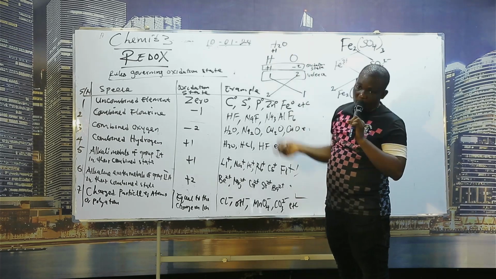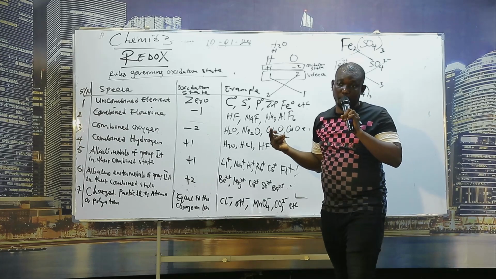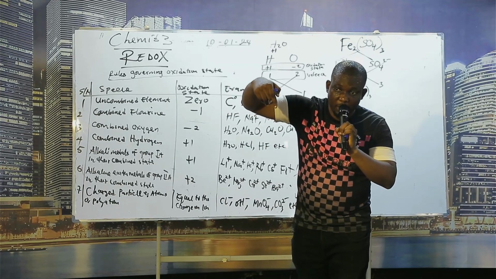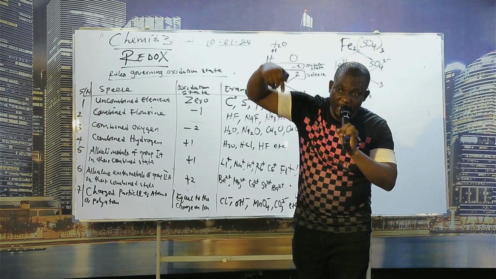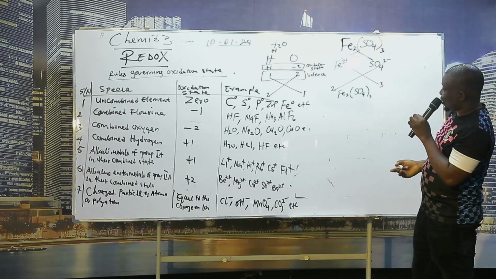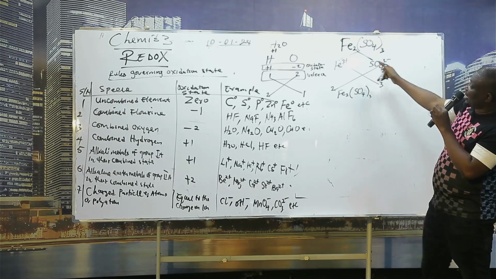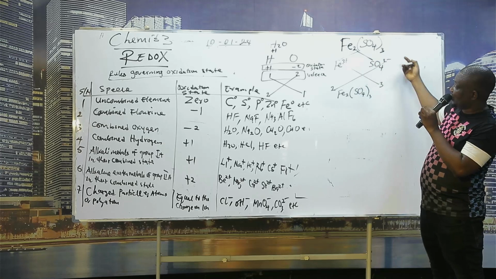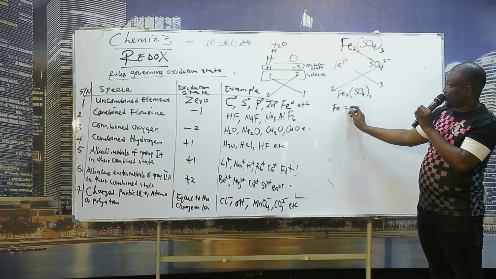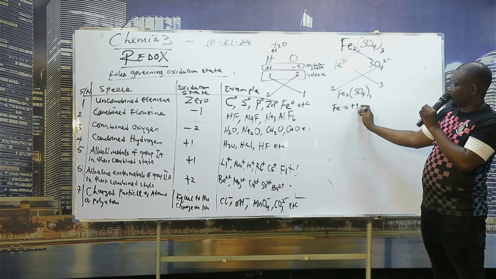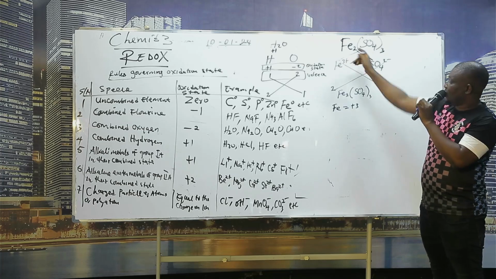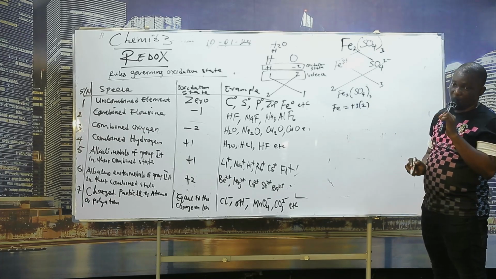But you are now multiplying by 2 because atoms must combine in a fixed ratio. Hydrogen combines with oxygen. Now the same thing is applicable here. The oxidation state of Fe is not plus 2 but plus 3. You multiply by the number of atoms in the compound, which is 2.